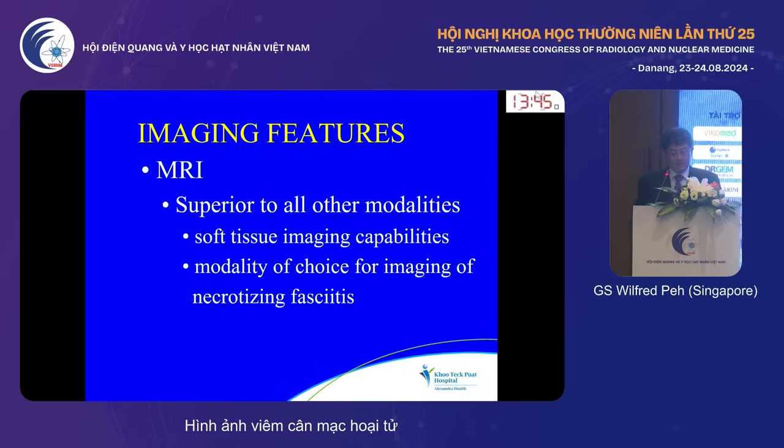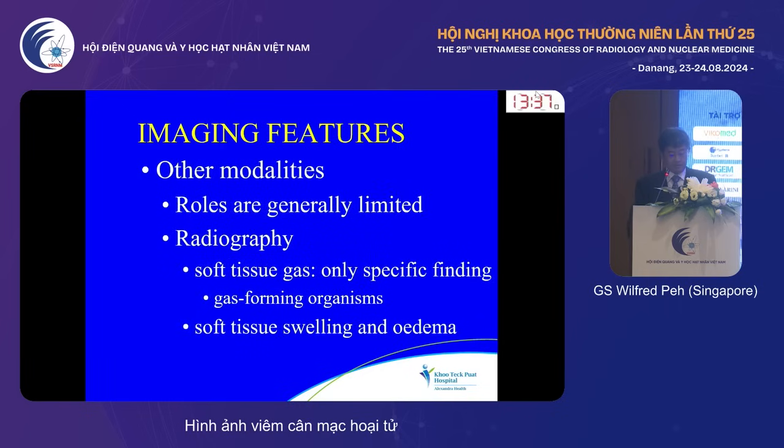Okay, so MRI is the preferred imaging modality because it shows the soft tissue the best, and is the modality of choice for necrotizing fasciitis. The roles of the other modalities are generally limited.